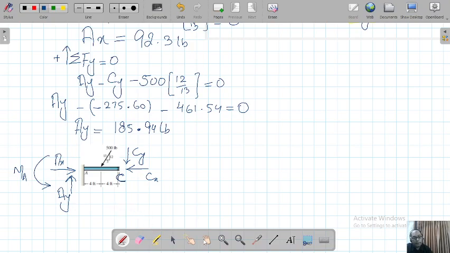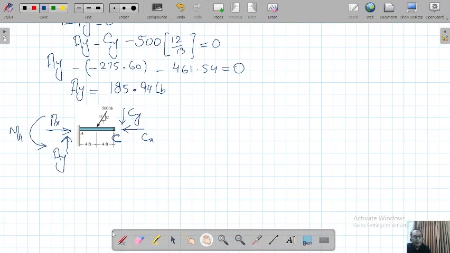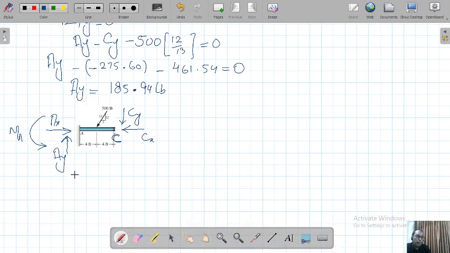So we write it here as summation of all the moments at A is equal to 0. Again we will assume that anti-clockwise will be positive.